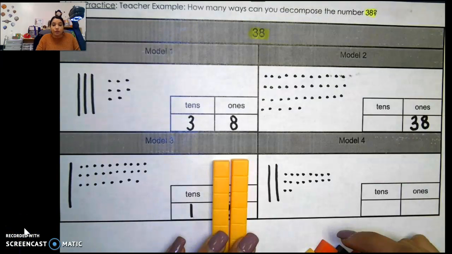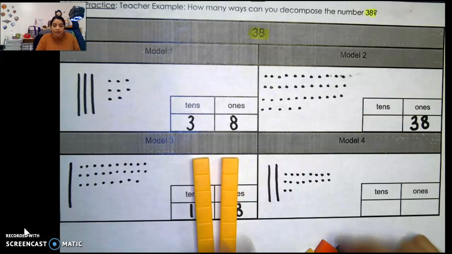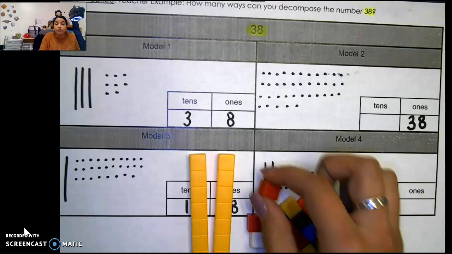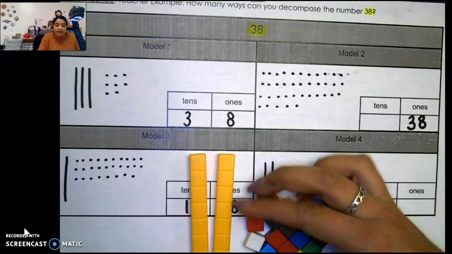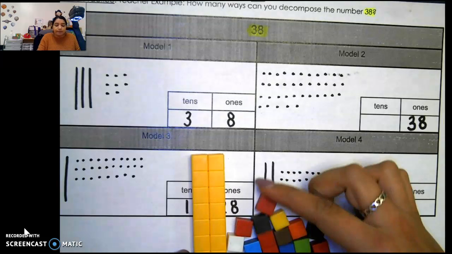I went ahead and got two tens blocks, which is 10, 20, I have 20, and then I needed 18 ones in order to get 38. I needed 18 ones in order to make the number 38.